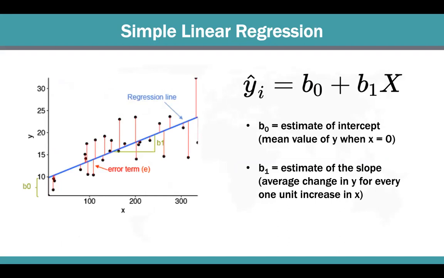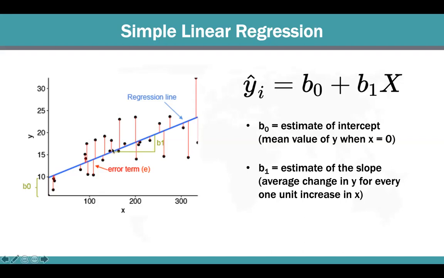So you can see the equation down here. This is a simple linear regression line. With simple linear regression, we use knowledge of our explanatory variable to explain or predict our outcome variable. So we fit a line to model the linear relationship between x and y. This is the formula for the fitted regression line.